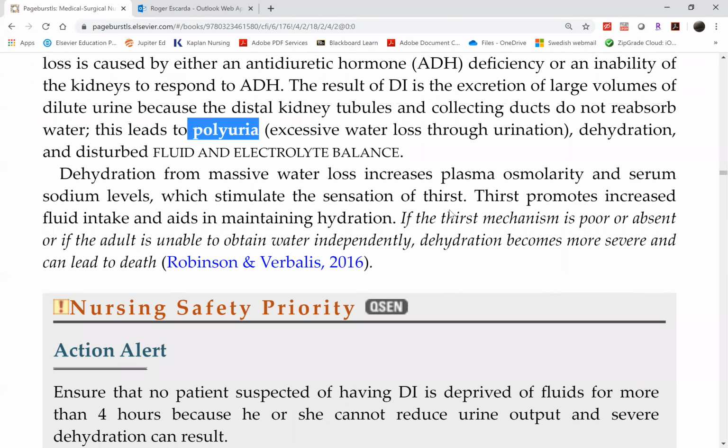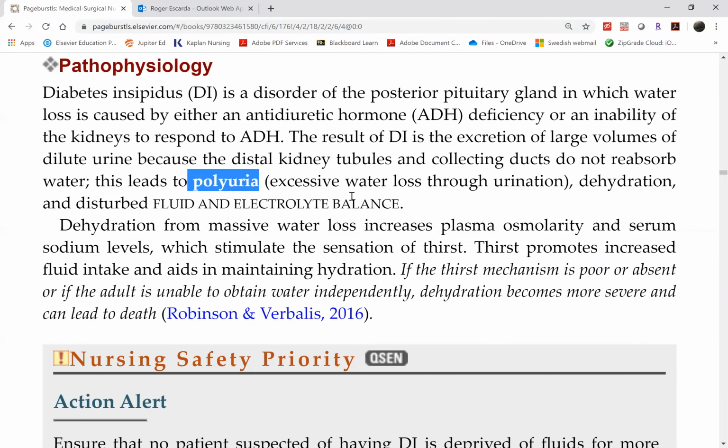Although antidiuretic hormone affects only water and not sodium, because of the dehydration here, it may indirectly affect sodium level through hemoconcentration, not by reabsorption of sodium, because the antidiuretic hormone only causes reabsorption of water.